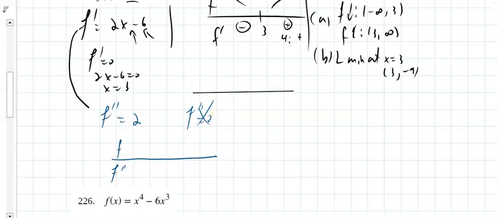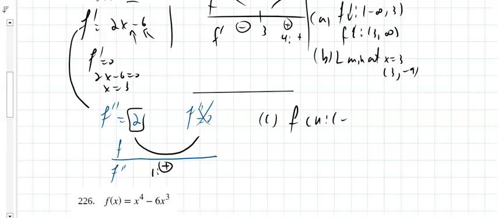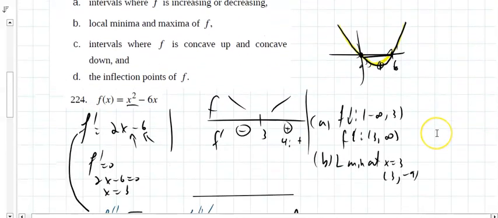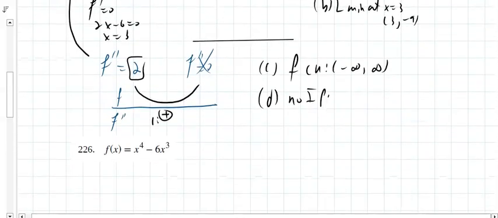There's f. Pick any point you want. Let's say pick 1. The second derivative is positive. If the second derivative is positive, f is concaving up from negative infinity to infinity. And that means there are no inflection points. For inflection points to happen, you must switch from concaving up to concaving down, or vice versa. And there it is.